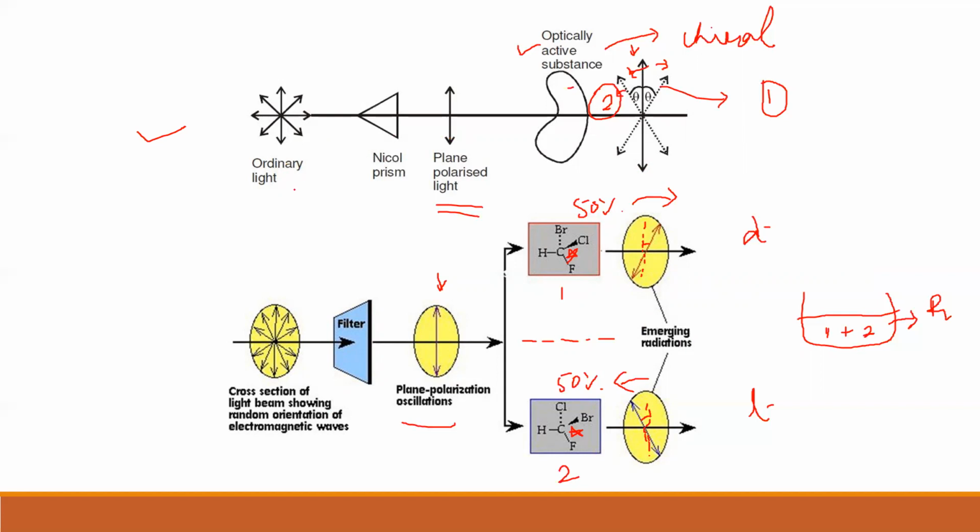Clear? Fine. So this is the homework for today. This is what is called optical isomerism. Of course, I gave you one more homework, right? The fourth one, whether a racemic mixture is optically active or not. That was the other homework I gave you, whether the racemic mixture is optically active or not.